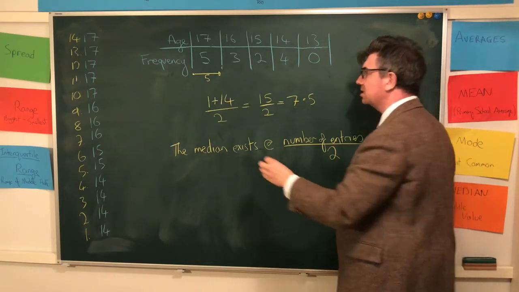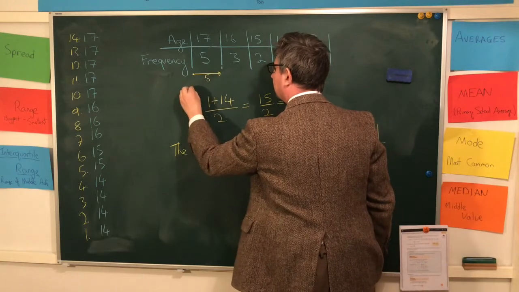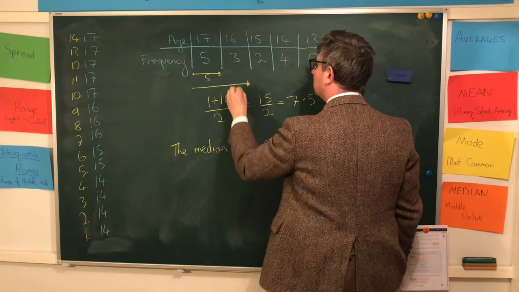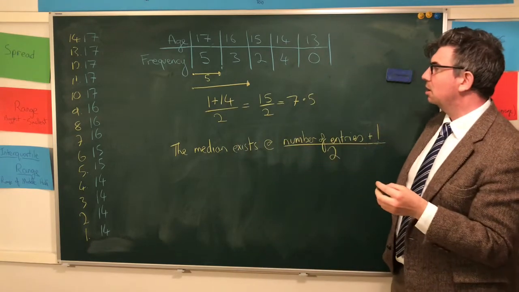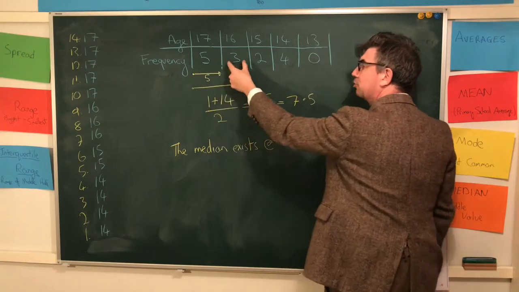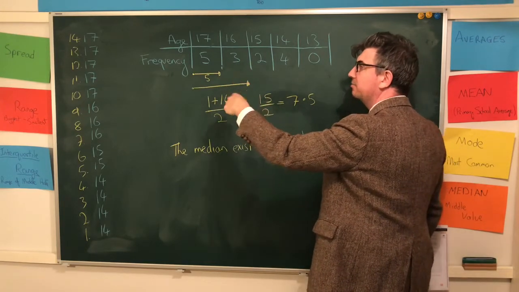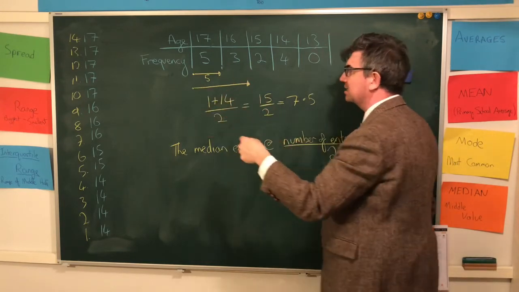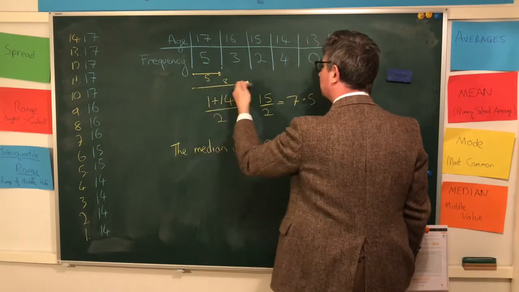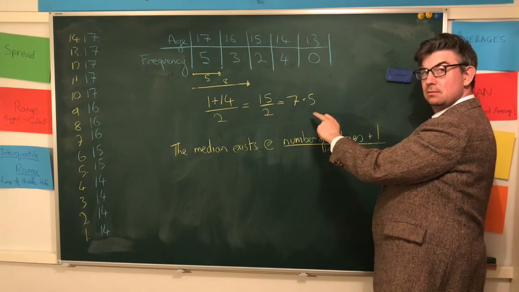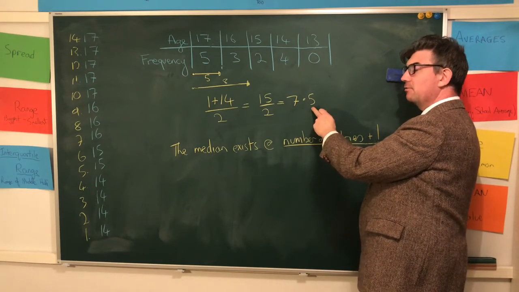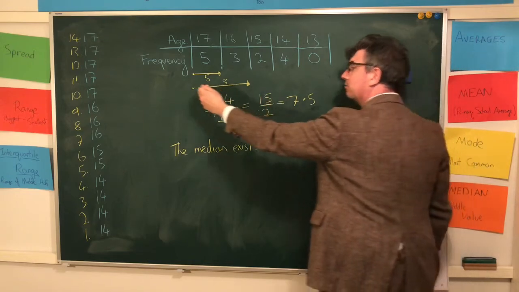What about if I start here and go all the way over to the end of this column? How many terms will I have passed? I've passed 5 up there and 3 in there. I'll have passed the 5 17s and the 3 16s. So I've passed 8 terms. Have I passed the median? Yes, because the median is at 7.5, and I've gone forward 8.